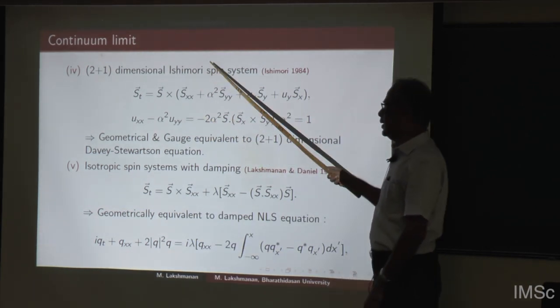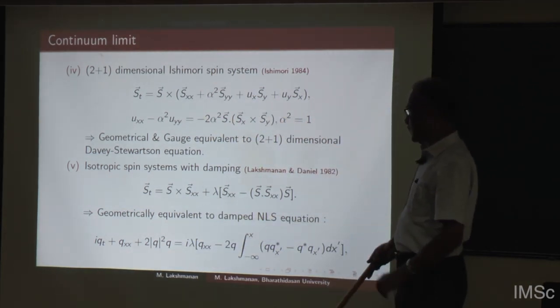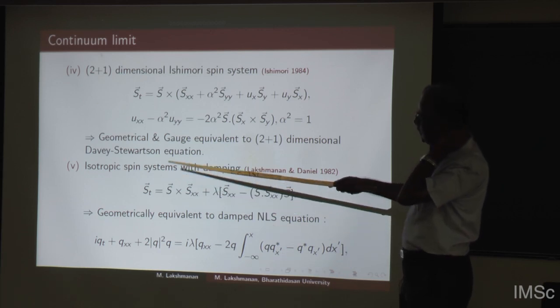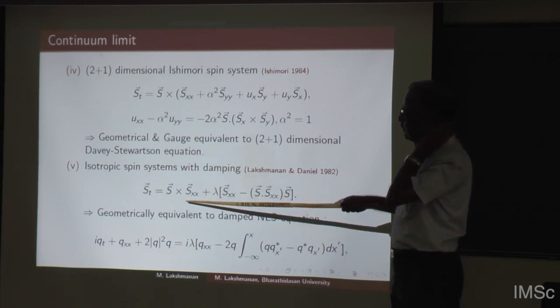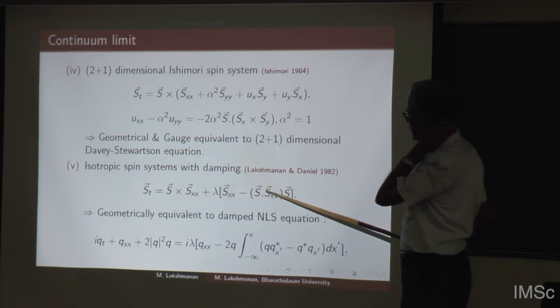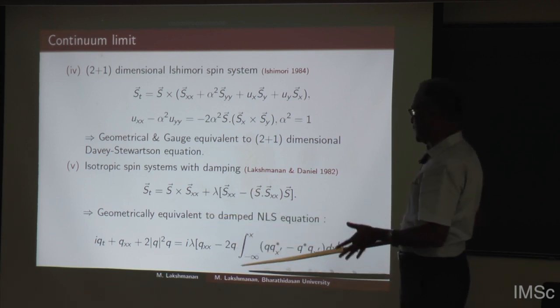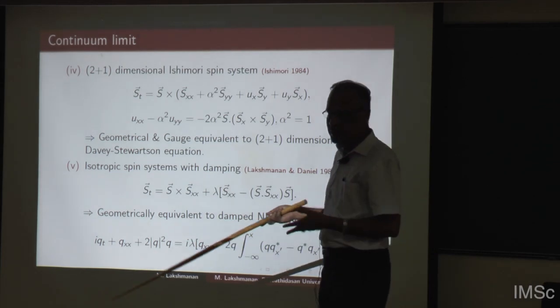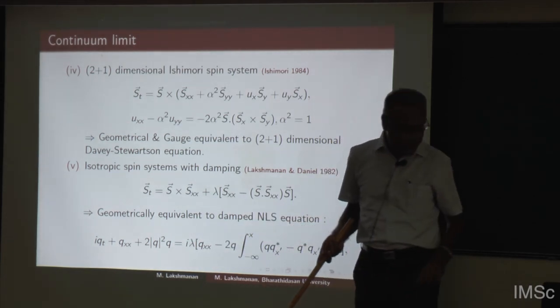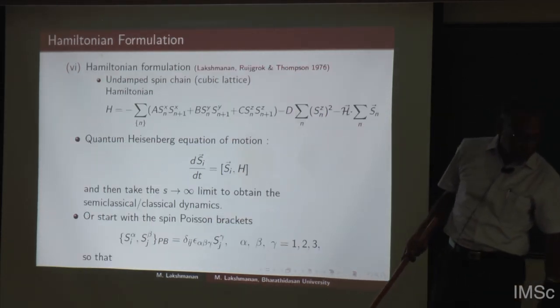So in that sense, this is also a completely integrable system. But we have also shown even a long time back that if you consider damping also, you can map to the damped nonlinear Schrodinger equation and so on. You can develop perturbation theories to understand these kinds of systems, etc.